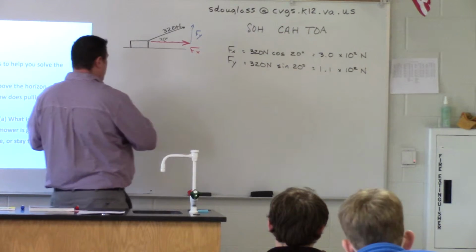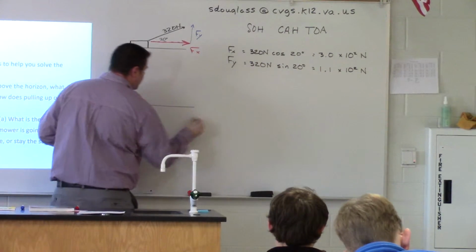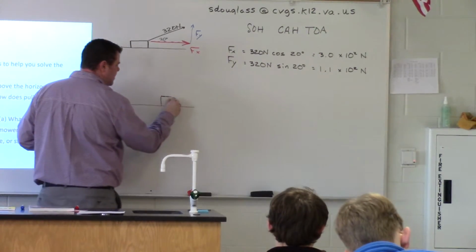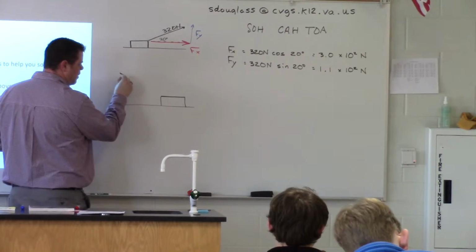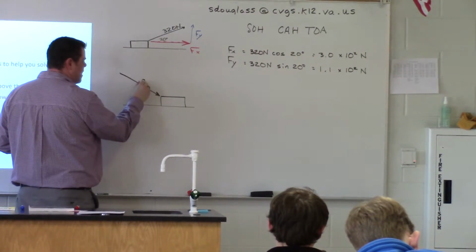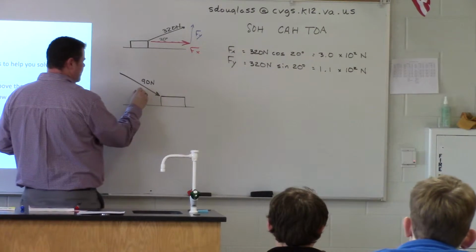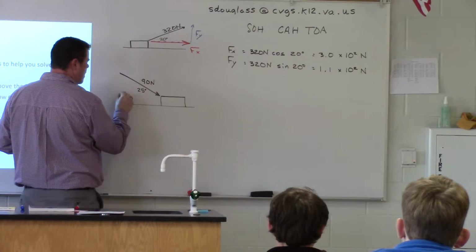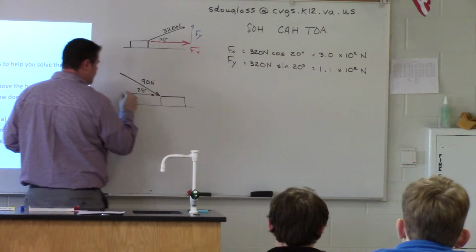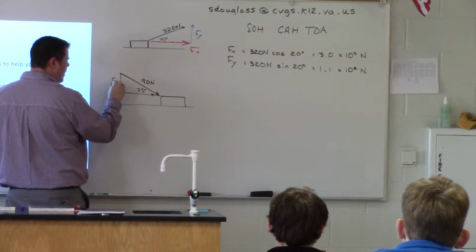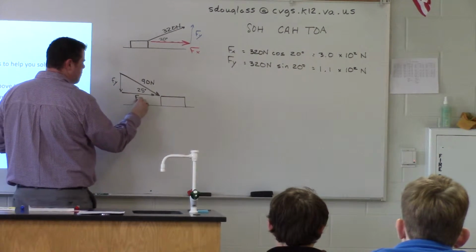The second one about the lawnmower. Same idea, but this time the force is exerted down. You've got 90 newtons acting down at an angle of 25 degrees. So again, we can find the force down in the y direction, the force in the x direction.